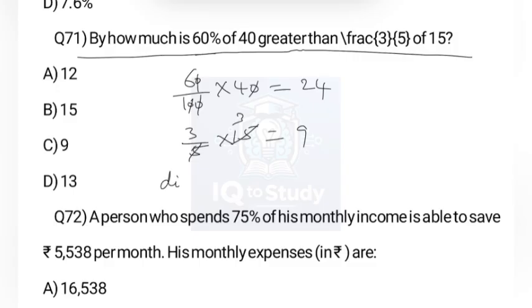So the difference is equal to 24 minus 9, that is 15.